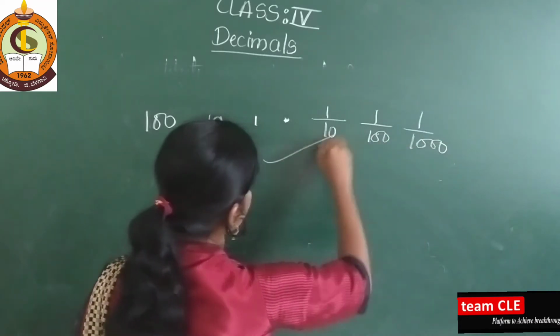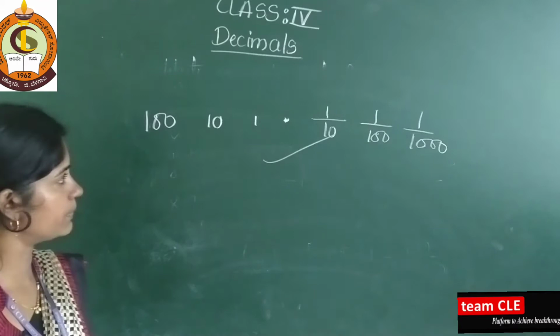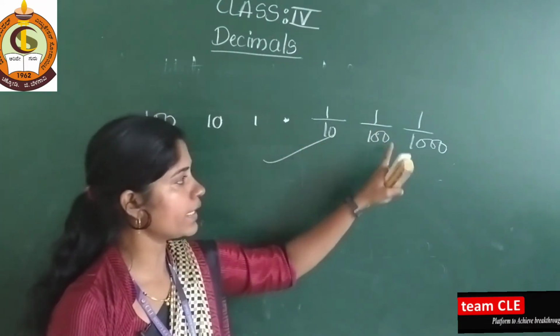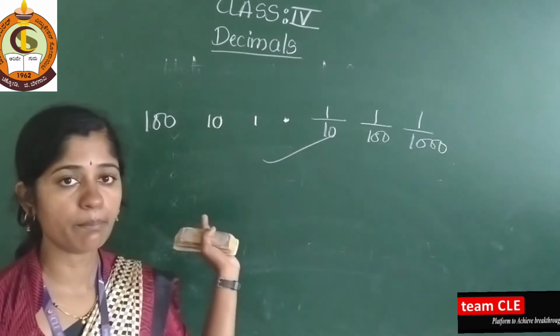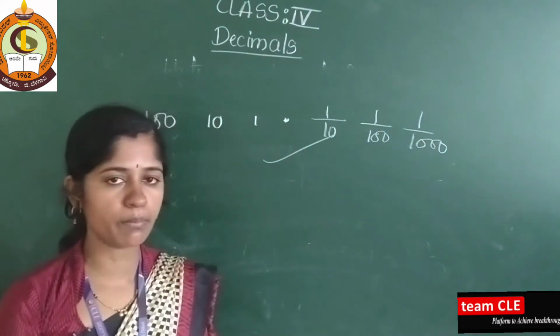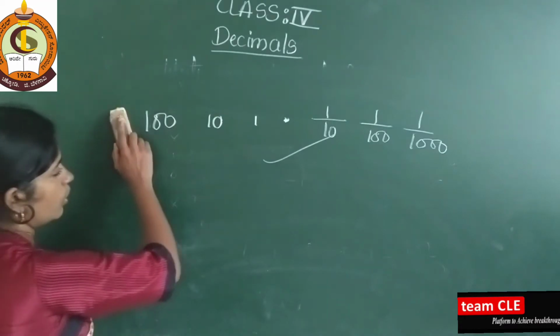If it is there in your mind, then you can solve all the examples. As you move to the left side, the value of the number increases 10 times. As you move to the right side, the value of the number decreases 10 times. This difference you should know.